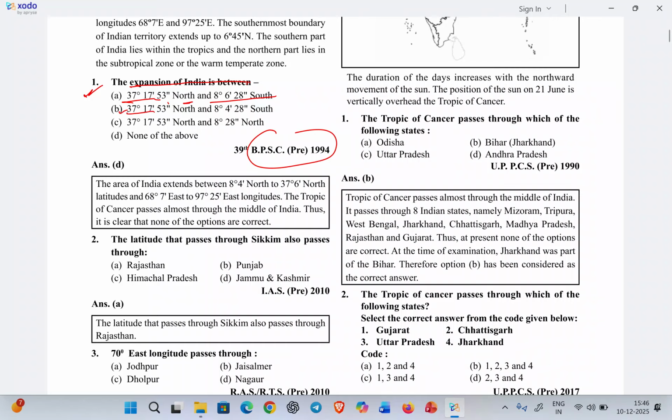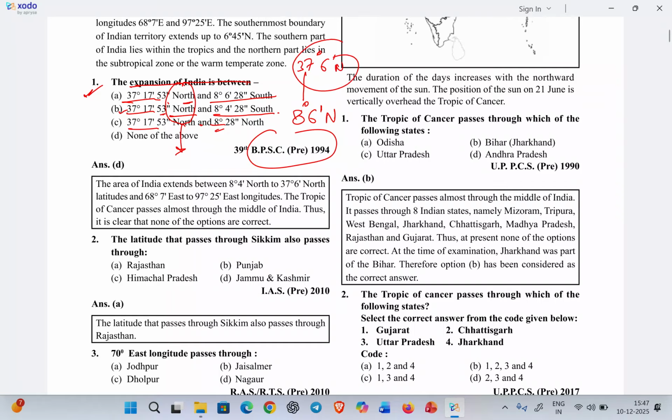37 degree 17 minutes north and 8 degree 4 minute 28 seconds south. Let's see what exactly the extension of India is. So this north is the peak. We have already seen it was 8 degree 6 minute north till 37 degree 6 minute north.